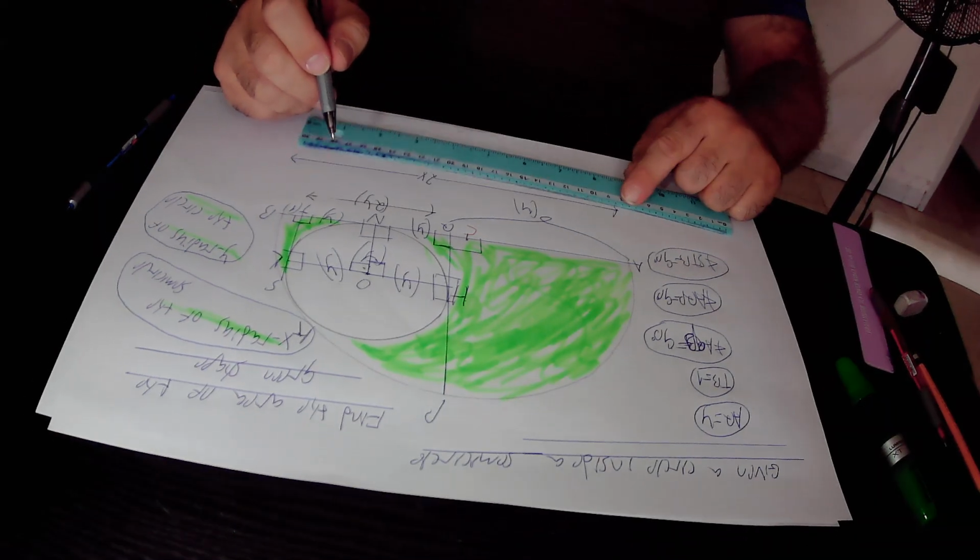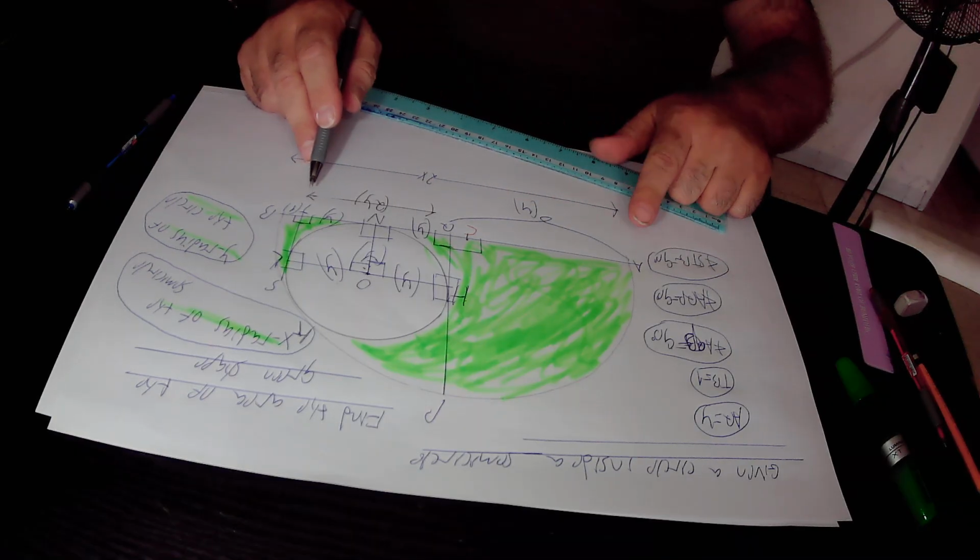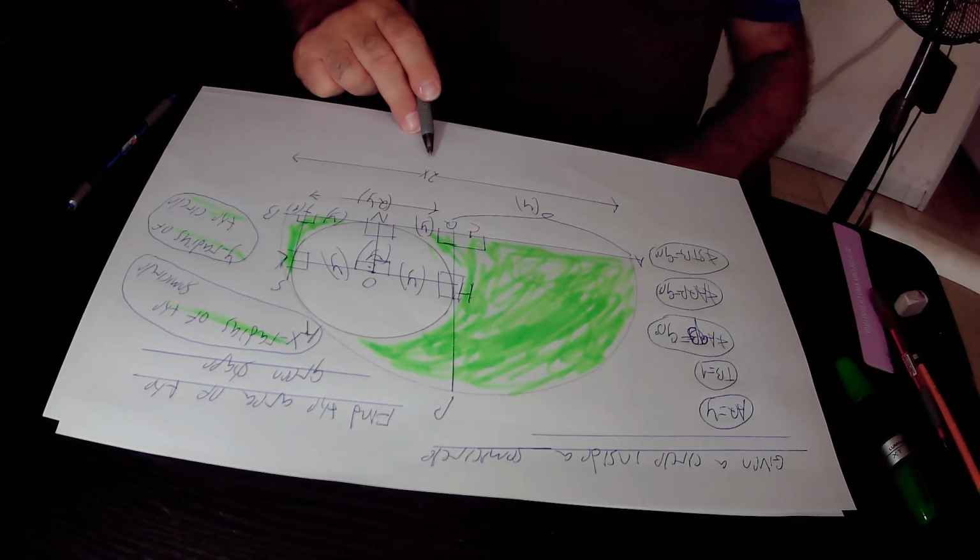So, what is the length of AB? AB equals 2x. It is the diameter of the semicircle, which equals 2x.